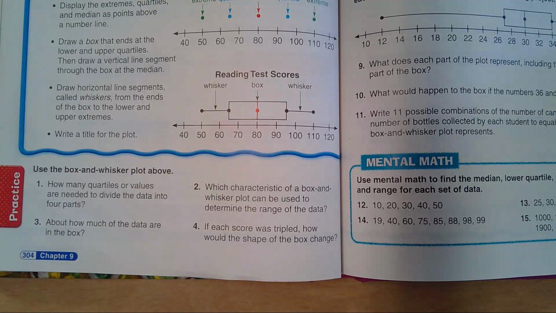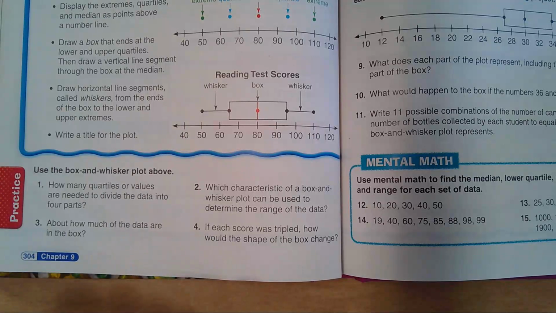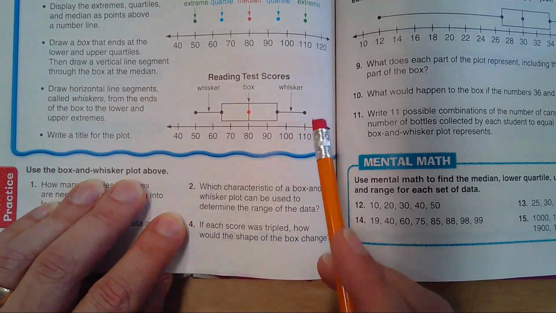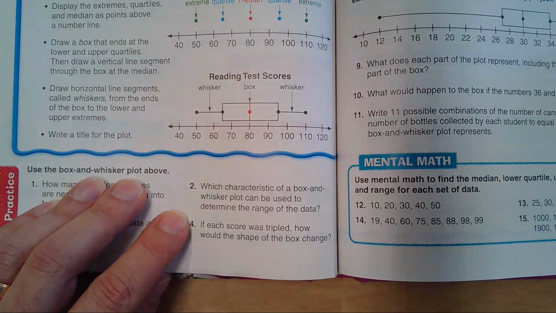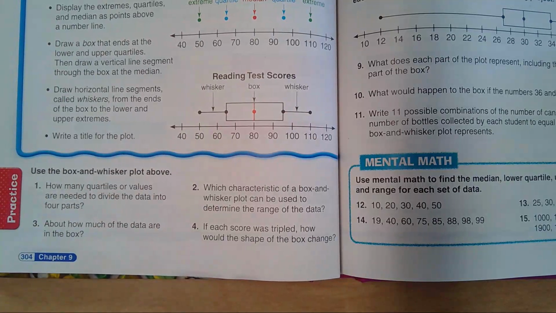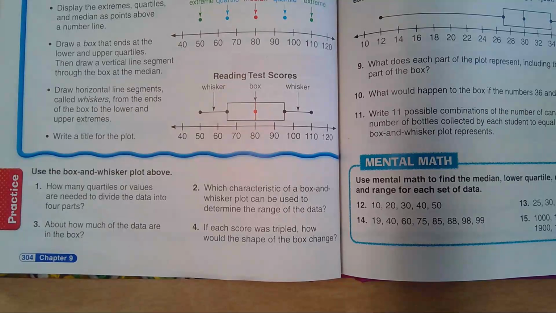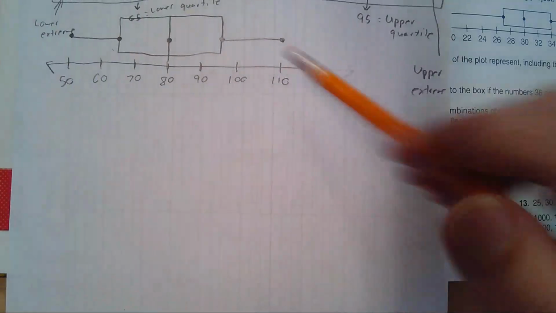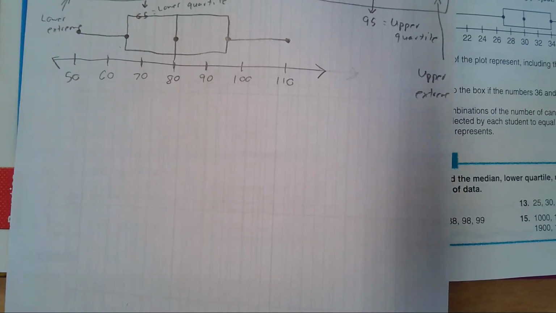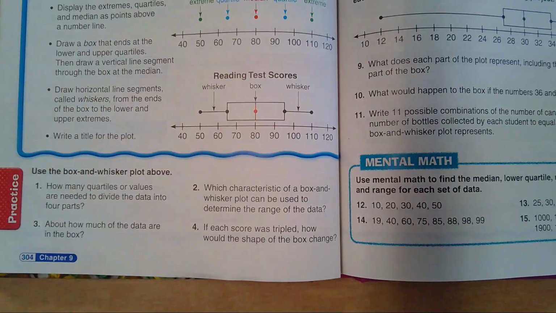Right. So basically the 2 things I need, the lower extreme and the upper extreme, are the 2 data points I need to find the range. You would just subtract your lower extreme from your upper extreme. My upper extreme is 110, my lower extreme is 50. 110 minus 50 is 60. The range is 60. Subtract the 2 extremes from each other.